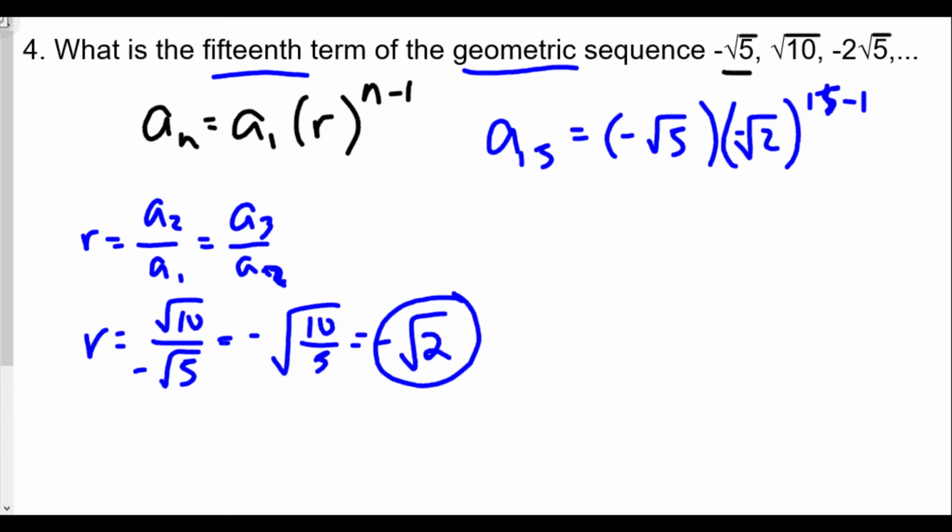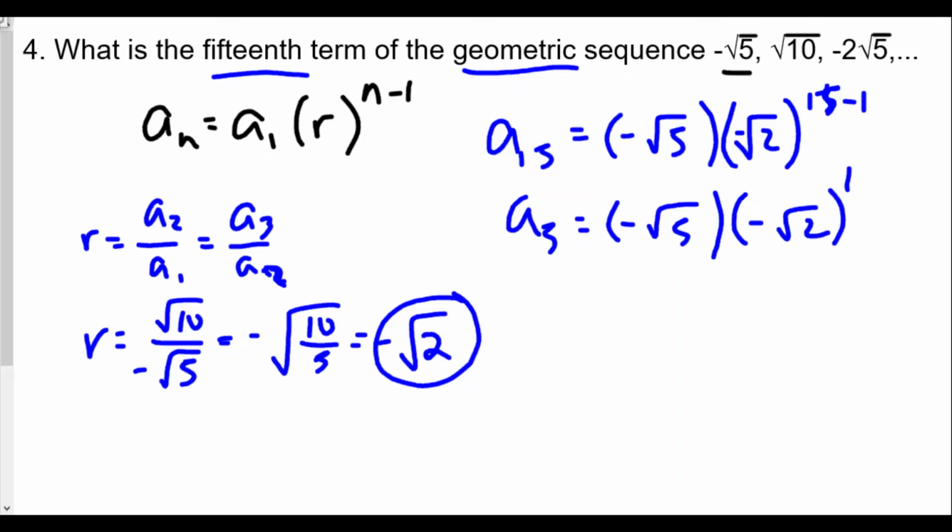So a15 is equal to negative square root of 5 times negative square root of 2 to the 14th power. One thing we should know is that if you take any negative number and raise it to an even power, it'll be positive.